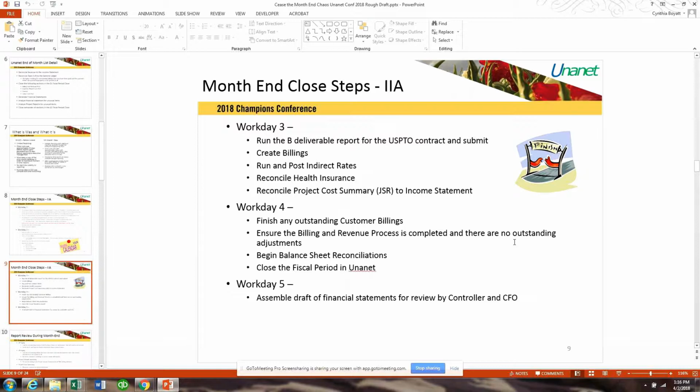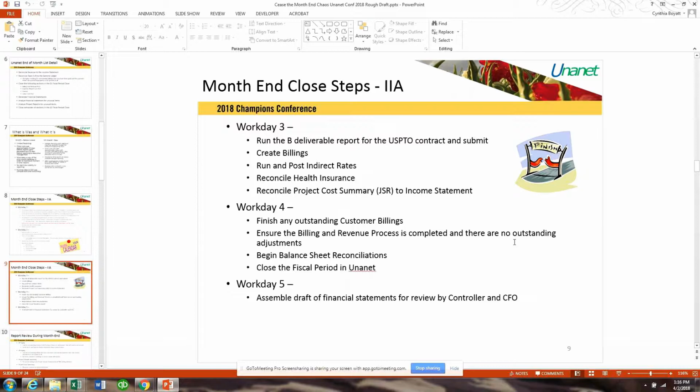for our USPTO client. We are still creating billings, but while we're creating those billings, we're going to run and post our indirect rates. We're going to reconcile our health insurance, meaning we're going to reconcile our bill to what we've taken out of payroll, because we've had some issues in the past with providers that weren't charging us correctly.